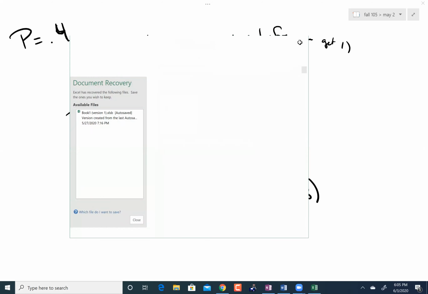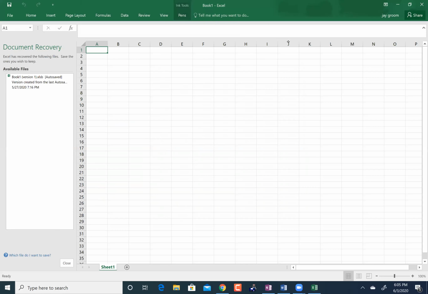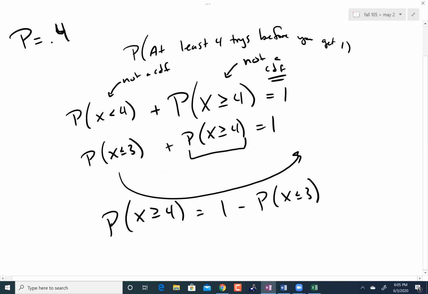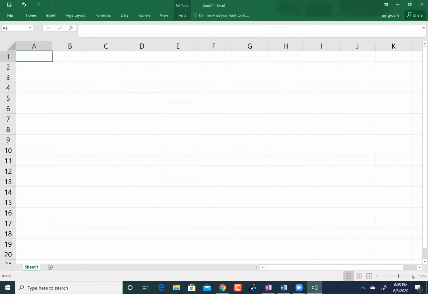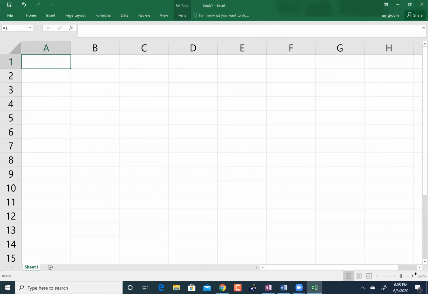So remember, Excel doesn't have a strictly geometric distribution. So what we'll use instead is what it truly is. It's like a rectangle or a square: a square is a rectangle, but a rectangle is not a square. So what we do is use a negative binomial distribution.